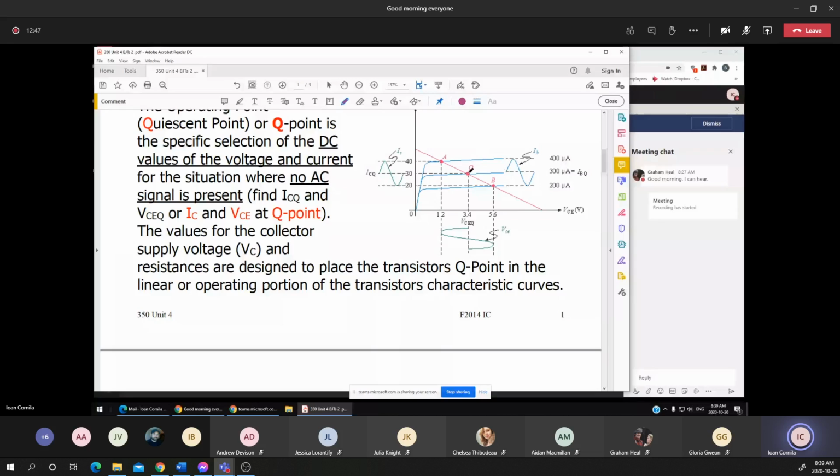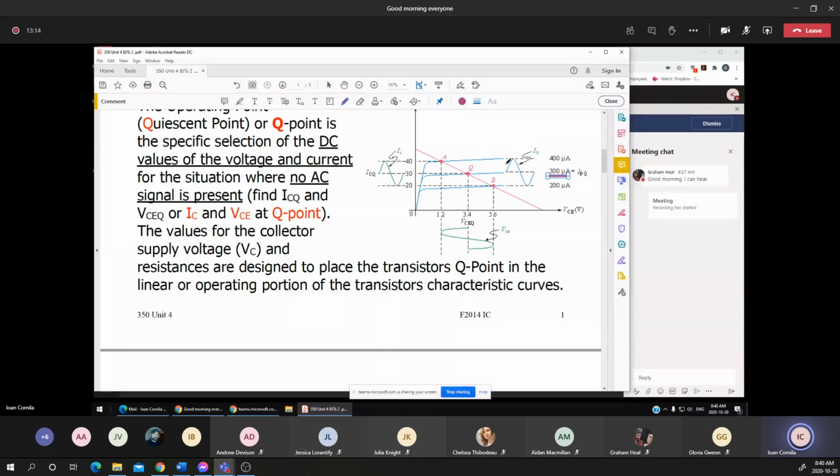Suppose that the base current at the Q point is about 300 microamps. You notice that I can have a swing on the base current between 400 and 200 microamps.